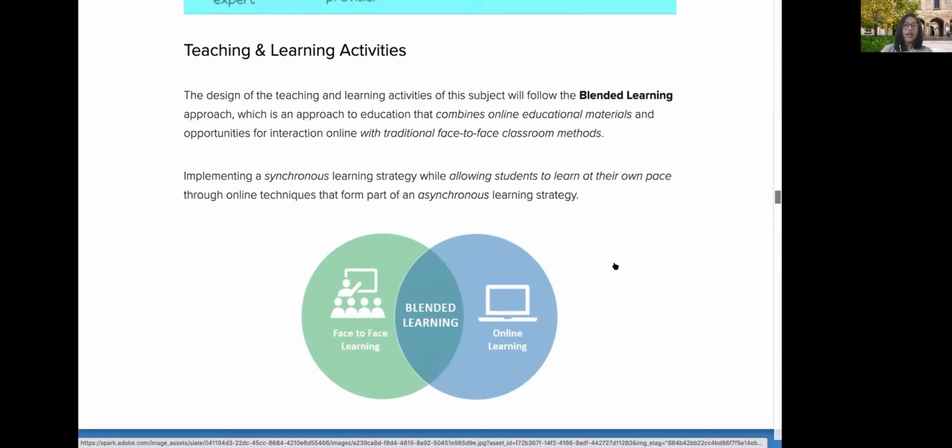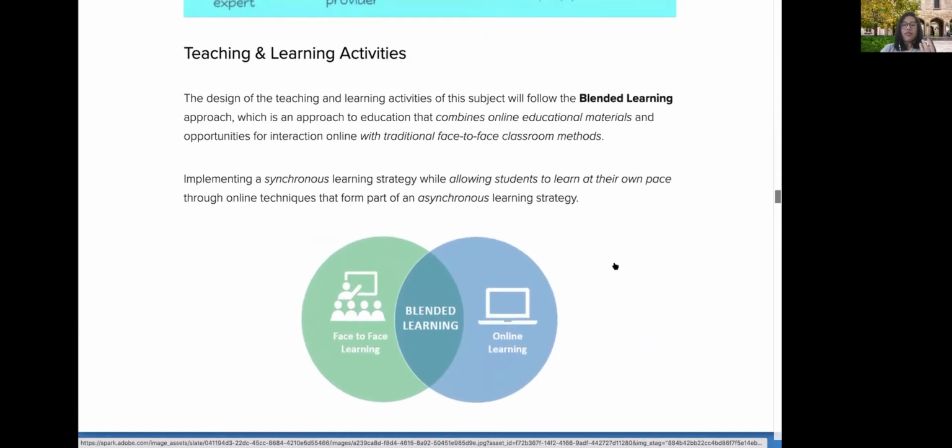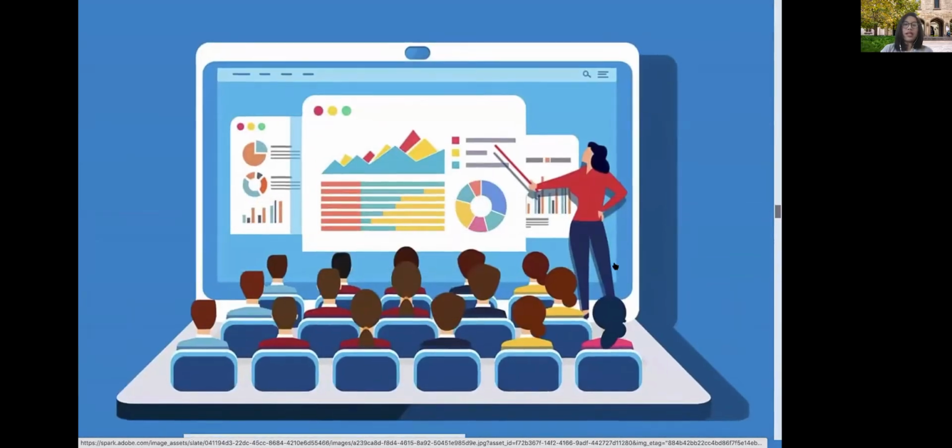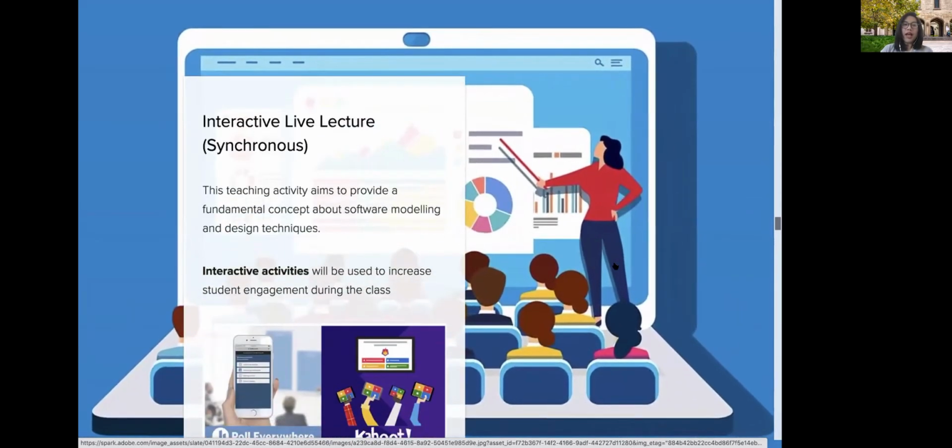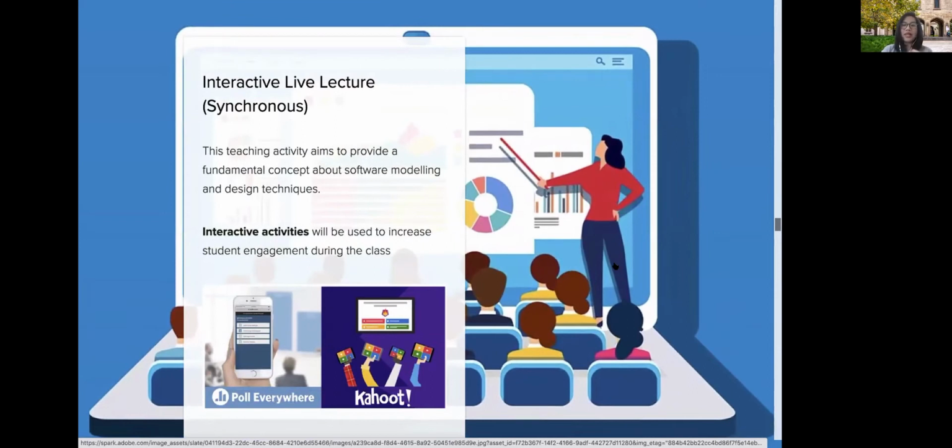So how can I do that? There will be three main teaching and learning activities in this subject. The first one is the interactive live lecture, which is a synchronous teaching and learning activity. This one aims to provide the fundamental concepts about software modeling and software design.